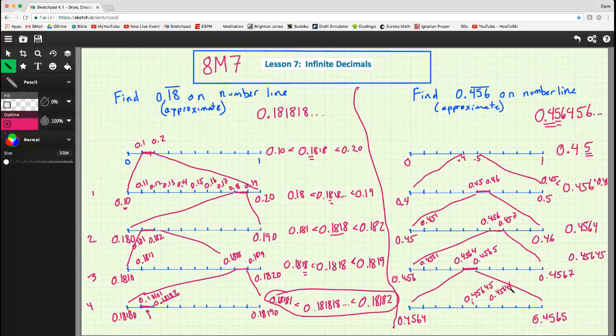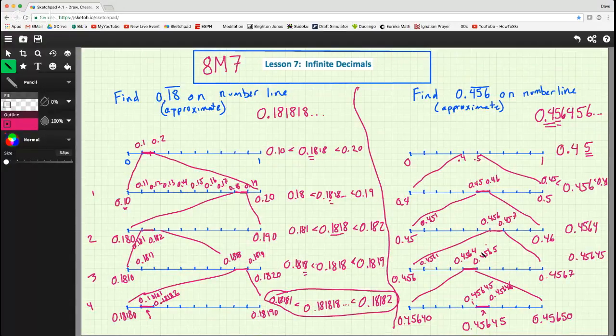Sorry, 4, 6. We're in this bar right here. And so that's in here, 0.45645. That's 40. That's 50.